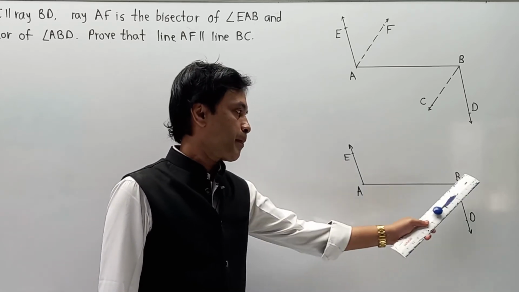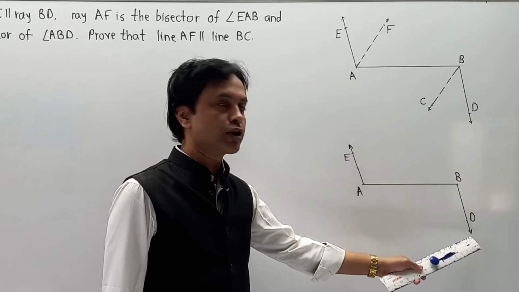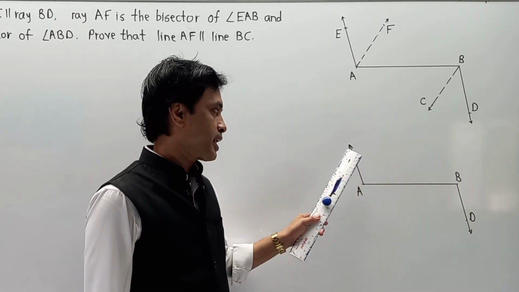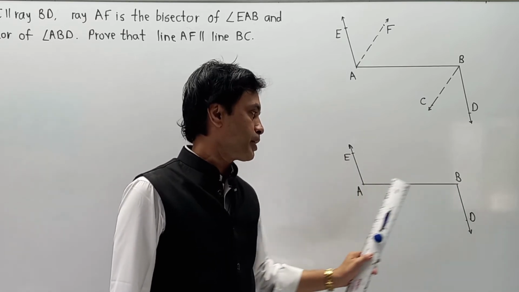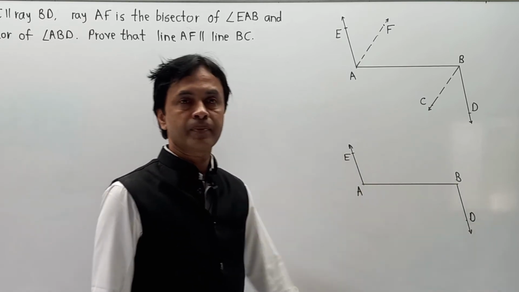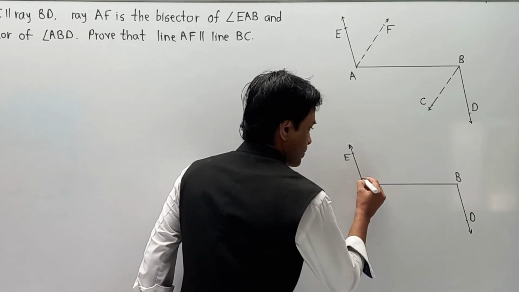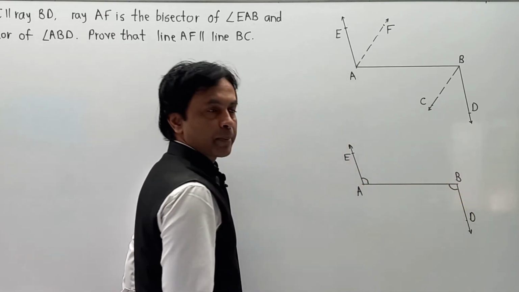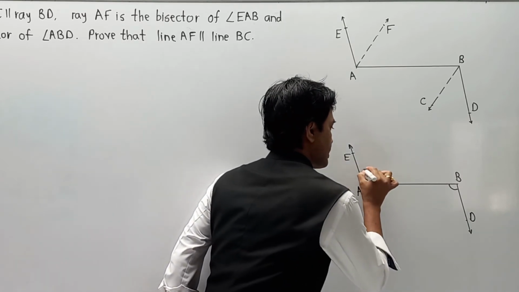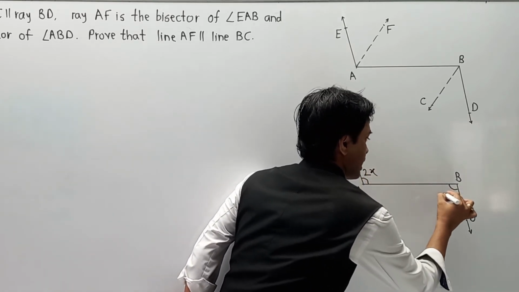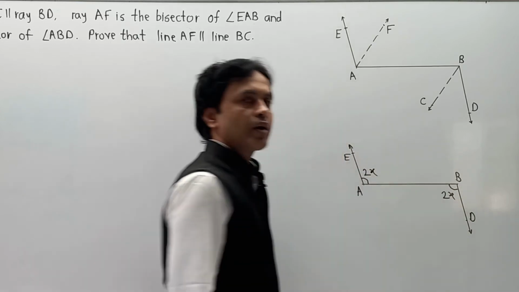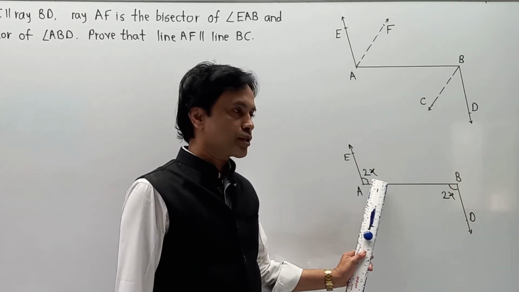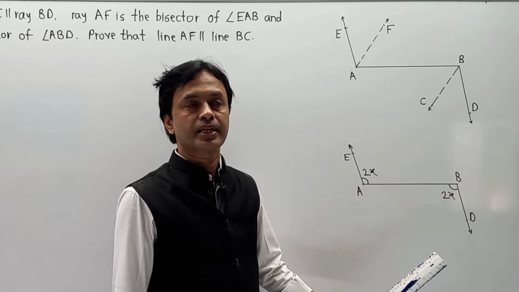If AE is parallel to BD as given and AB acts as a transversal, naturally angle EAB must be congruent to angle ABD. Here, this angle must be equal to this angle, and temporarily I am going to indicate each by 2x. Now why 2x? Let me clarify in the explanation. Let us say this is 2x, meaning these angles are equal.